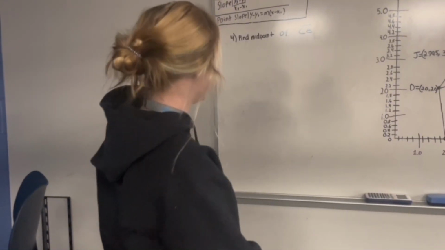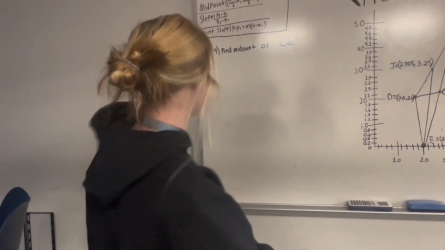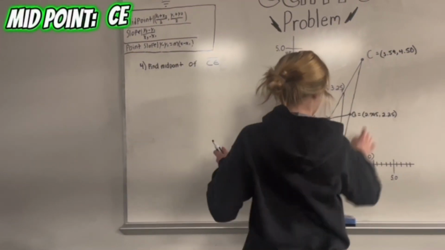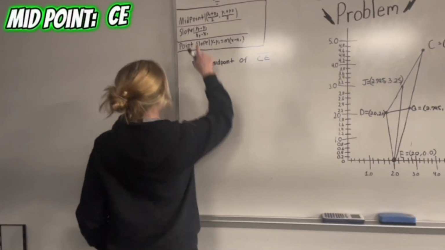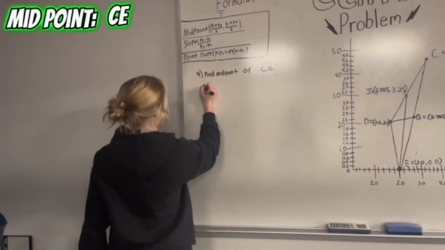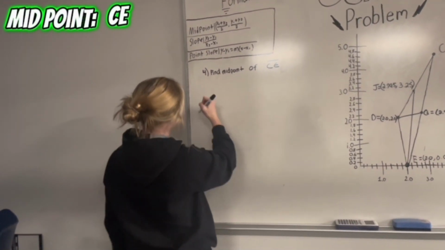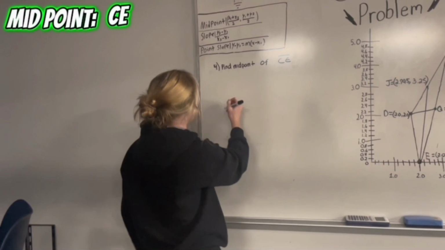For step 4 of finding our centroid, we had to find the midpoint of CE, which is this and this. To find the midpoint of CE, we use our midpoint formula, which is x1 plus x2 divided by 2, and then y1 plus y2 divided by 2.